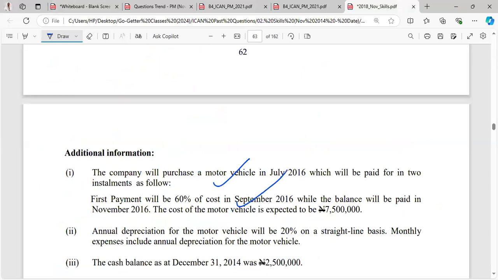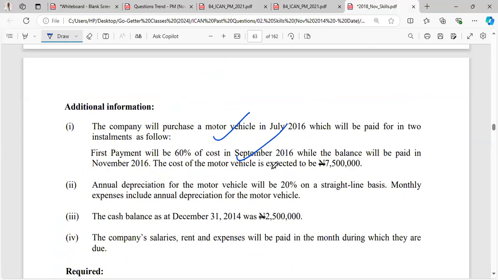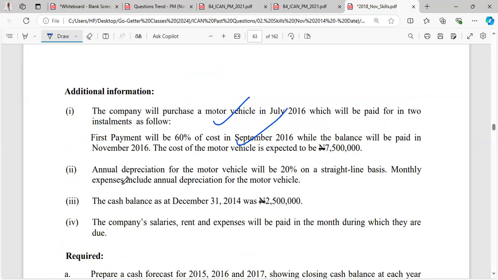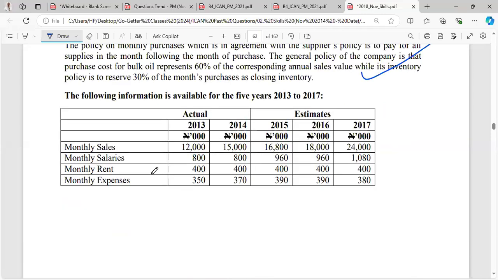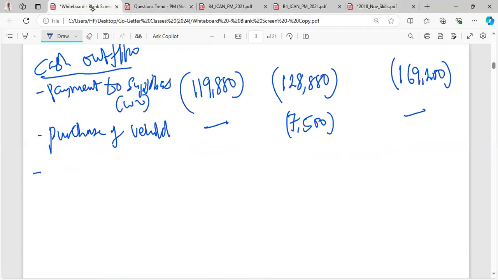Annual depreciation for the motor vehicle will be 20% on straight line basis. Monthly expenses include annual depreciation. So we look at monthly expenses now, excluding depreciation.